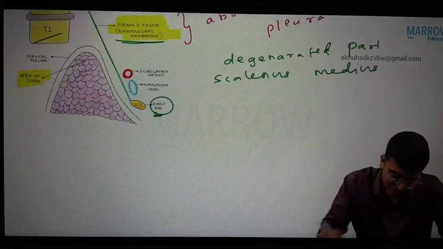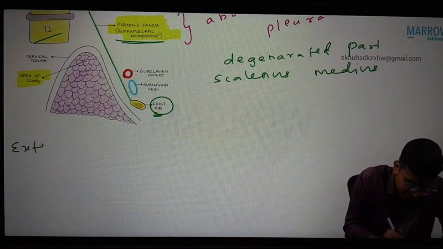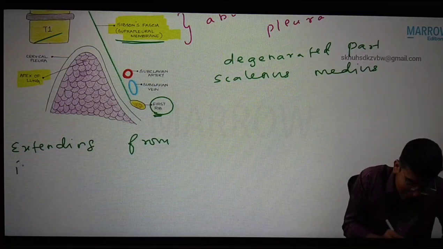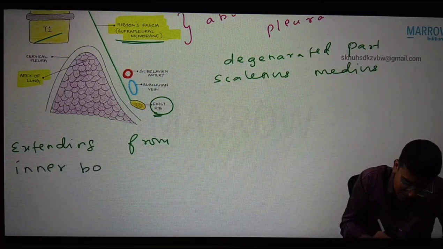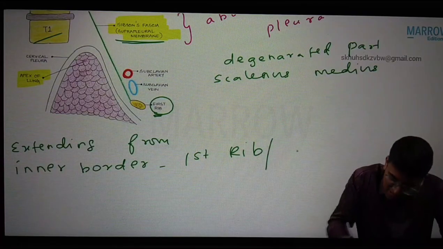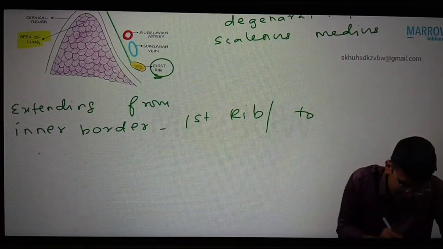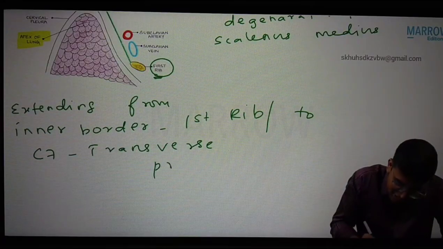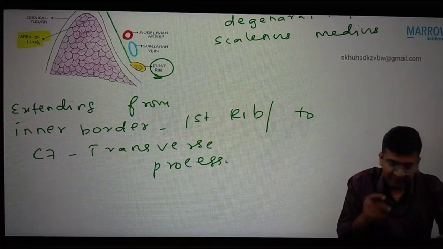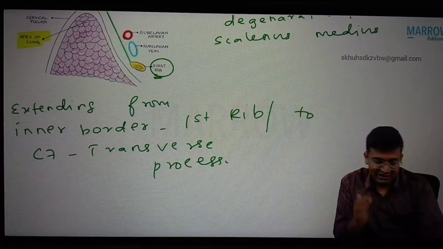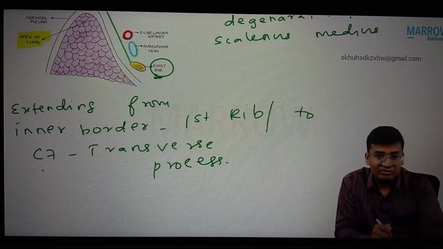So please write, the Simpson's fascia is extending from the inner border of the first rib up to the C7 transverse process. It is not connected to T1 vertebra. That is the point. First rib to the C7 vertebra.